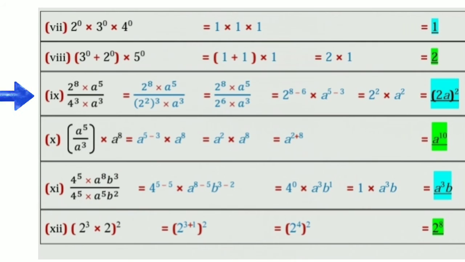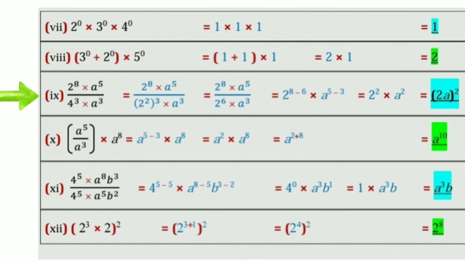Ninth one, 2 raised to 8 into a raised to 5 upon 4 cube into a cube. Student, please note it down. Here in the denominator 4 raised to 3 is there, so we have to simplify that first. That is 2 raised to 8 into a raised to 5 upon (2 square) the whole cube into a cube, is equal to 2 raised to 8 into a raised to 5 upon 2 raised to 6 into a raised to 3.